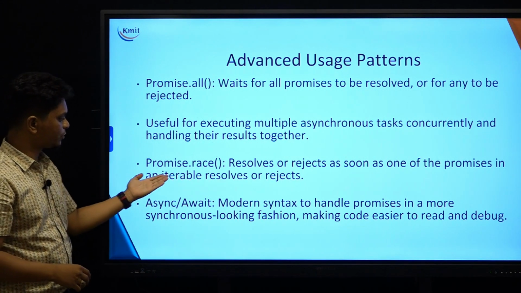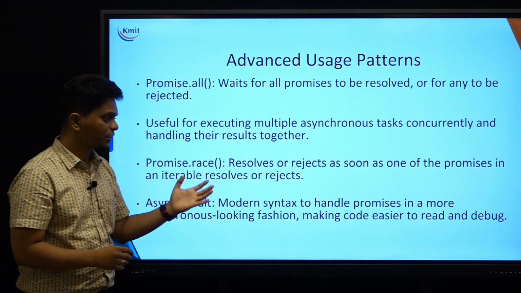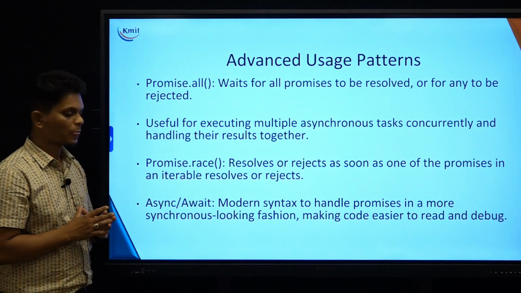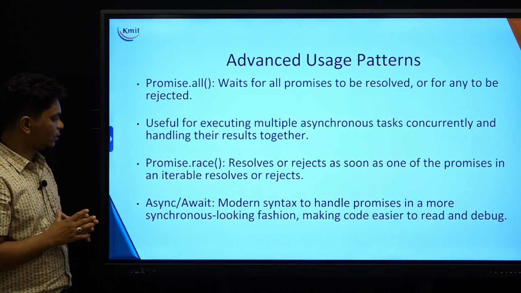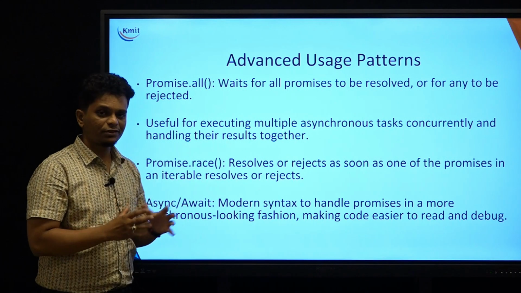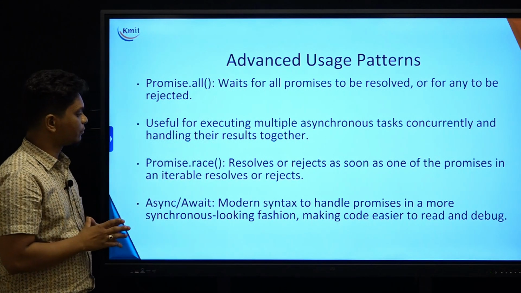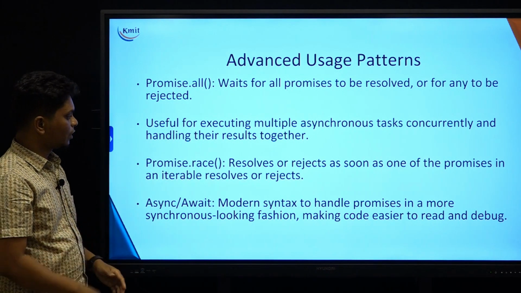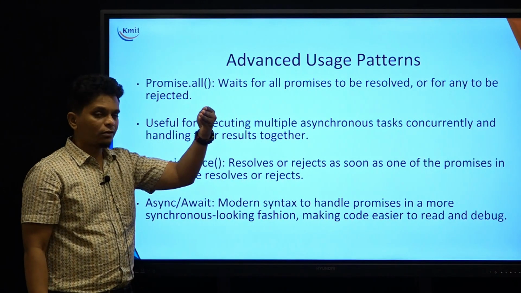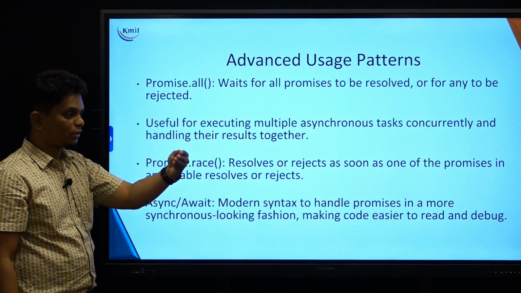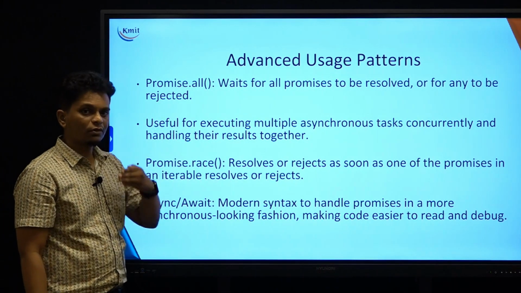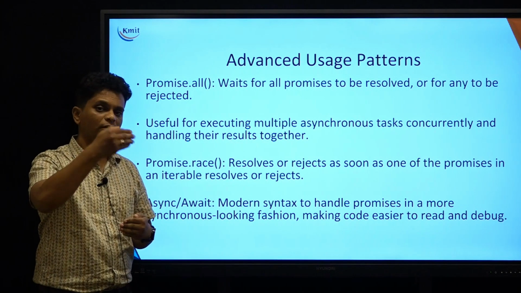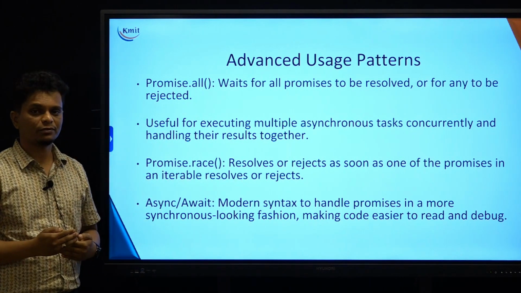Then we have promise.race. It resolves or rejects as soon as one of the promises in an iterable resolves or rejects. Promise.race is an interesting method where, suppose you have a sequence of promises lined up, if even one promise is resolved, then it resolves, and if one gets rejected, it rejects as well.